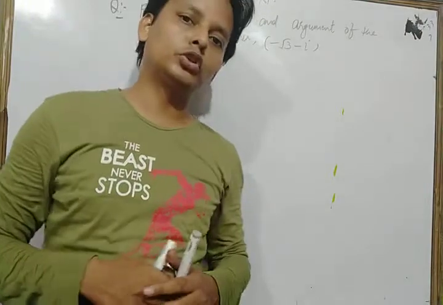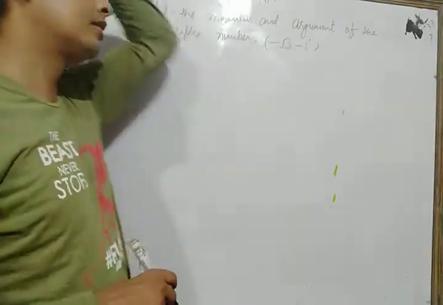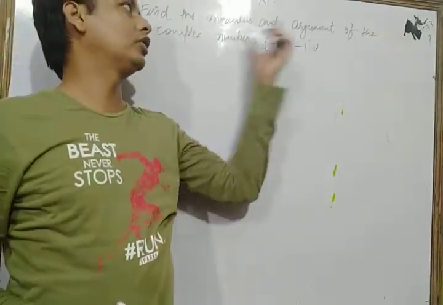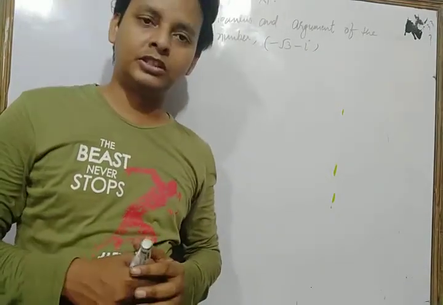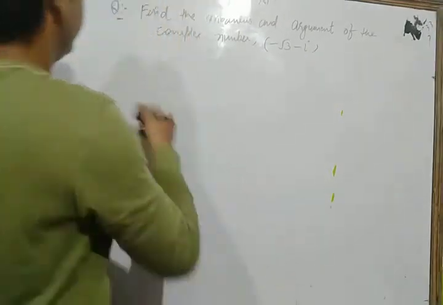This is also a very important question of your NCERT exercise, dear students. We find the modulus and the argument of the complex number minus root 3 minus i. Okay, let's see its solution.